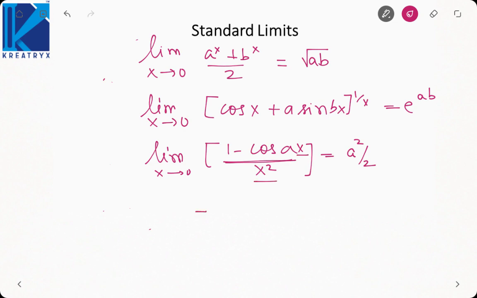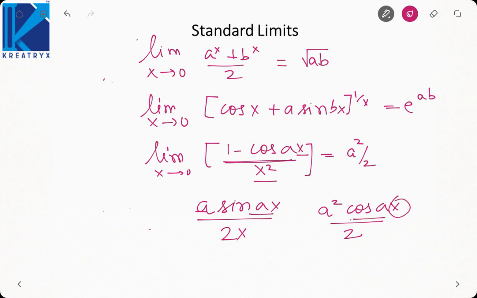So you can take the derivative. It will be a sin ax over 2x. Again it is 0 by 0. Take one more derivative. It will be a² cos ax by 2. Now if you put x equal to 0, cos is 1, so it will be a²/2.